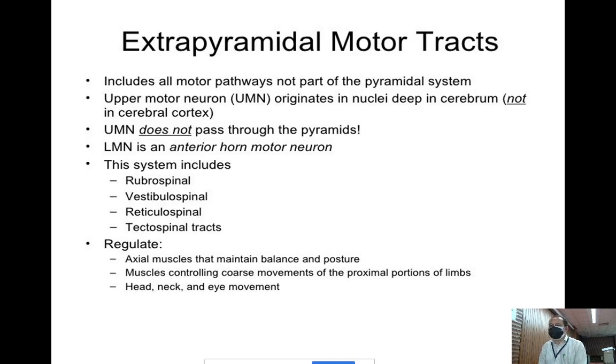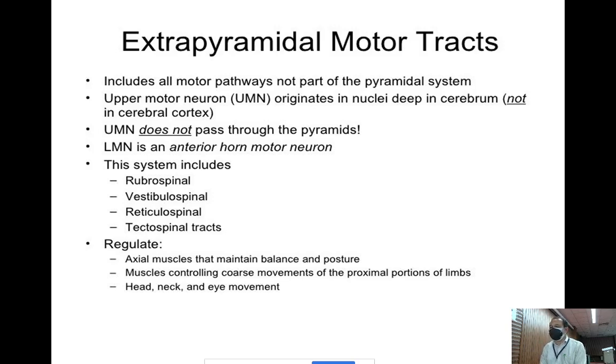The lower motor neuron is an anterior horn motor neuron. It may be an alpha motor neuron, gamma motor neuron, or an interneuron. The system includes the rubrospinal tract, vestibulospinal tract, reticulospinal tract, and tectospinal tract.